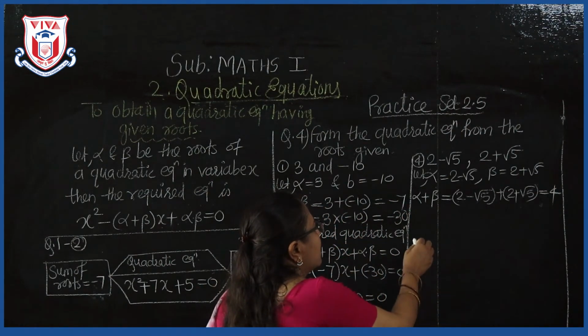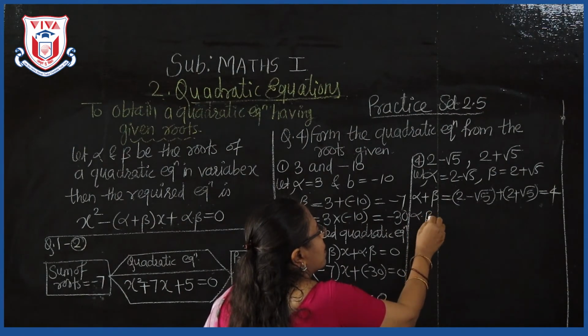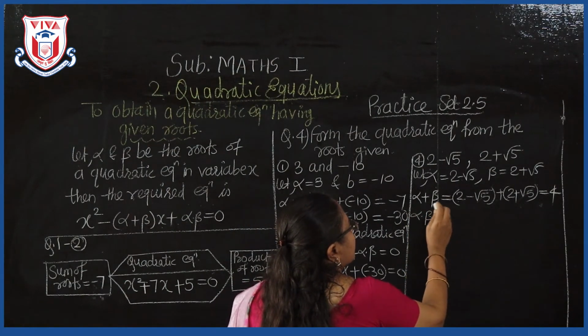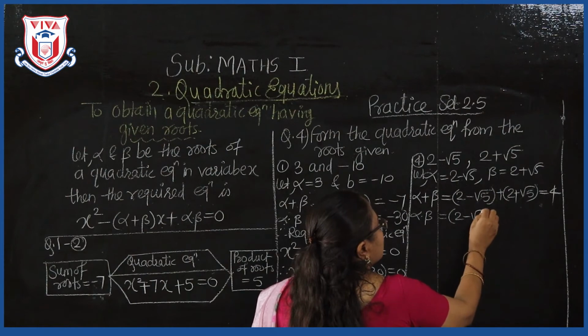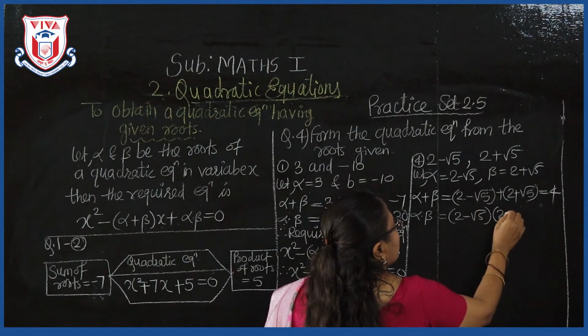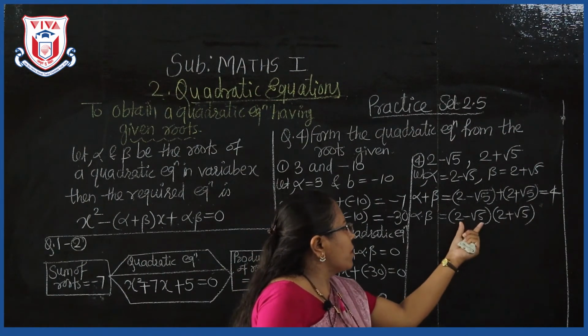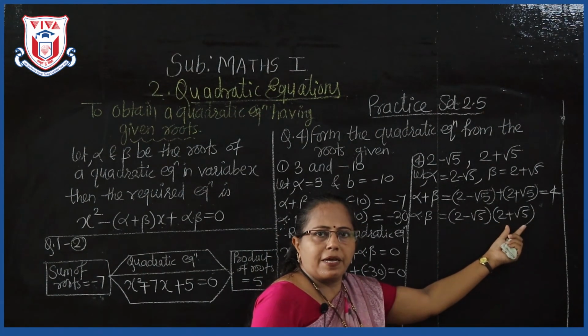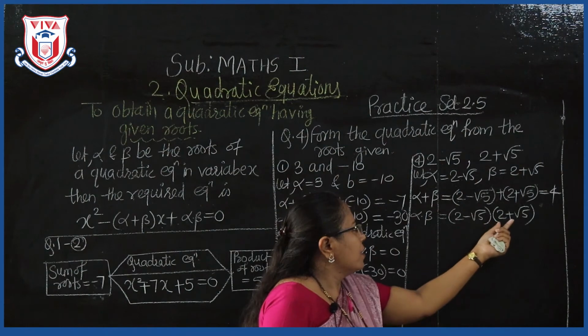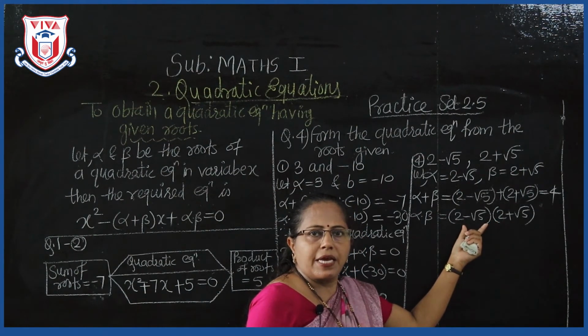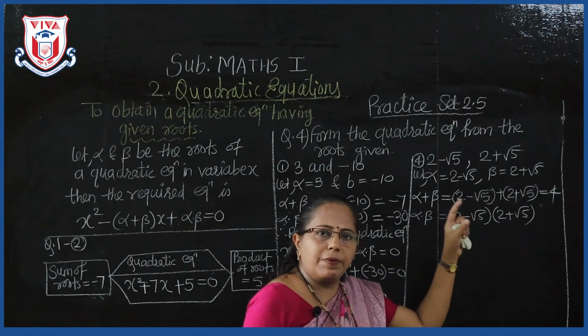Now we will find alpha into beta. Means 2 minus root 5 into 2 plus root 5. Now students, we got this bracket in the form of (a plus b) into (a minus b). So (a plus b) into (a minus b) is a square minus b square.